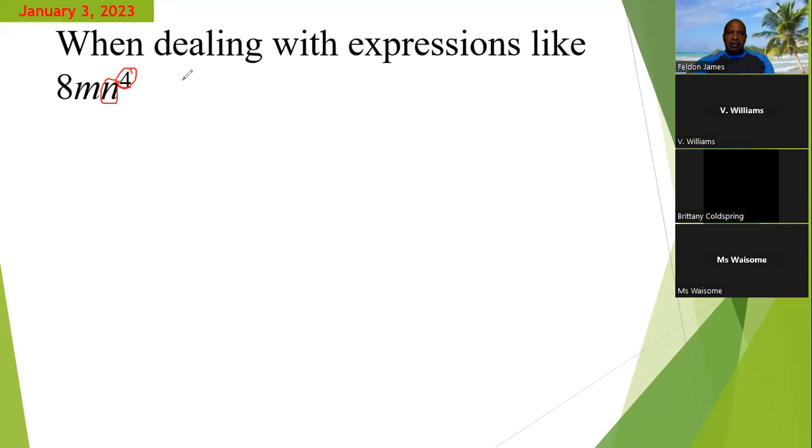All right. Now there are other scenarios. If we have something looking like this, for instance, so we have 8, m, n, and we have brackets to the 4th power. Now, what this is really saying is that each of these terms or each of these symbols would be raised to the power 4.